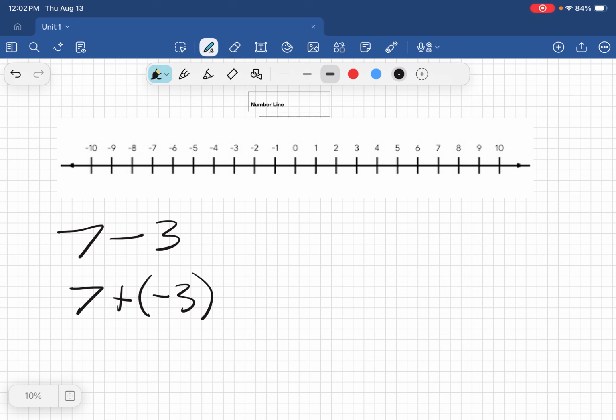We start at 7 and move left 3 spaces. 1, 2, 3. 7 minus 3 is 4, and 7 plus a negative 3 is 4.